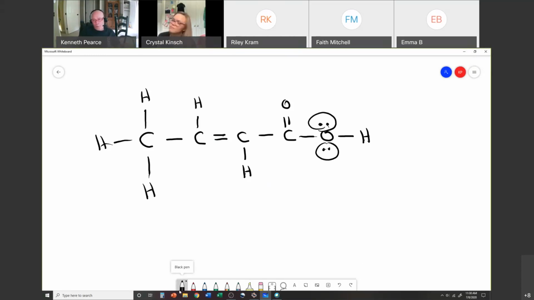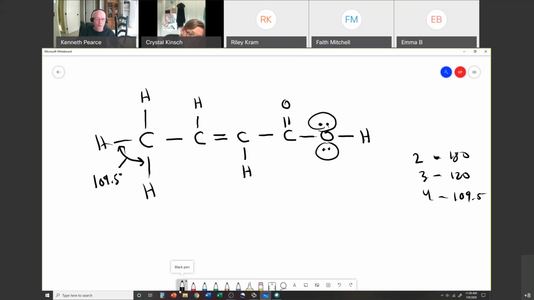All right, and remember, 2 is 180, 3 is 120, and 4 is 109 and a half. Just a reminder. So carbon number 1, numbering from the left. That would be what? 109.5.